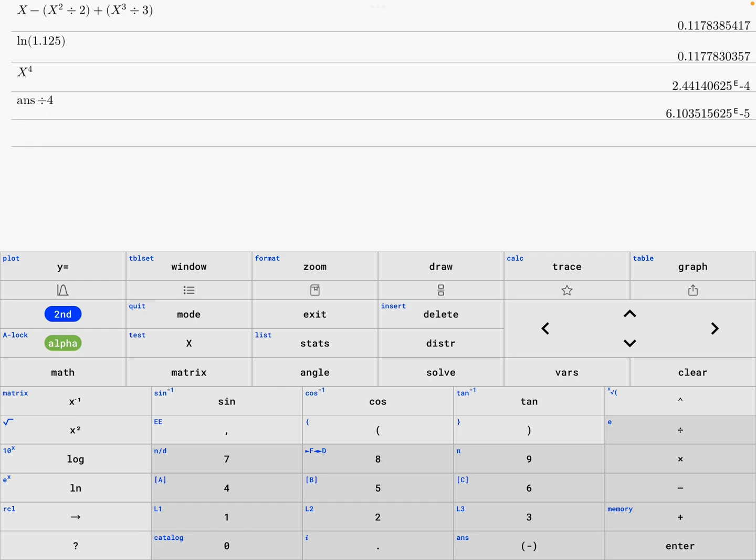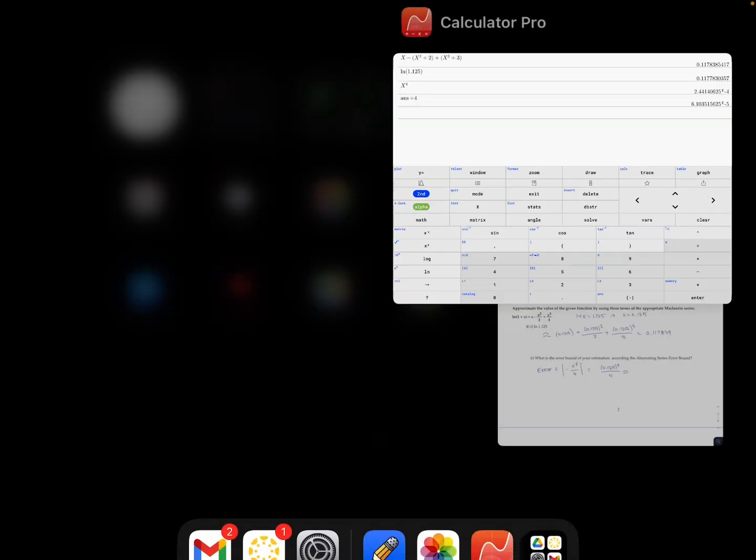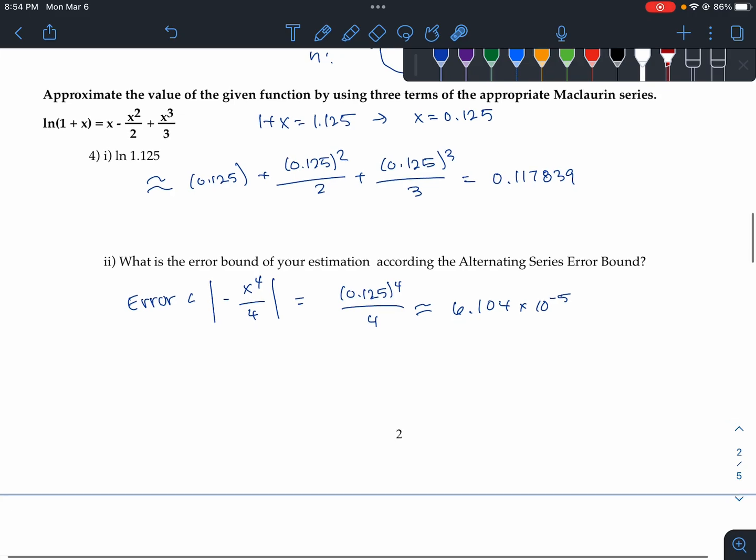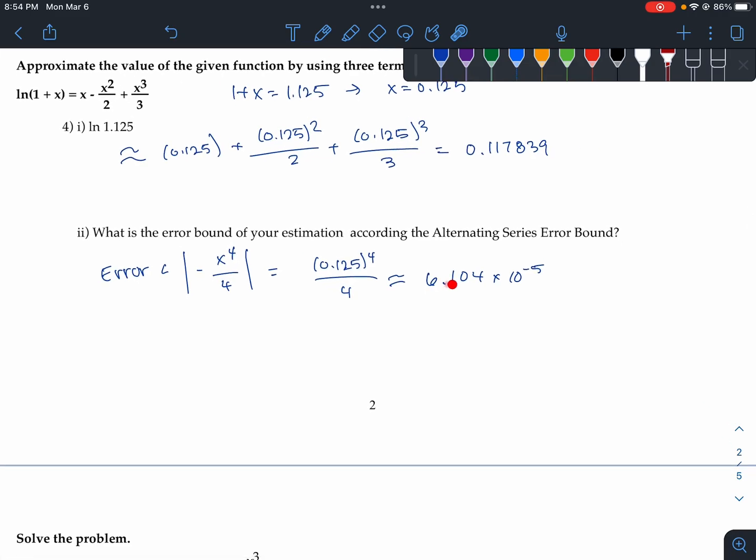And that's what we get, 6.1034 times 10 to the negative 5. So 6.104 times 10 to the negative 5. This is the most the error could be. So pretty good approximation, if that's the highest the error could be.